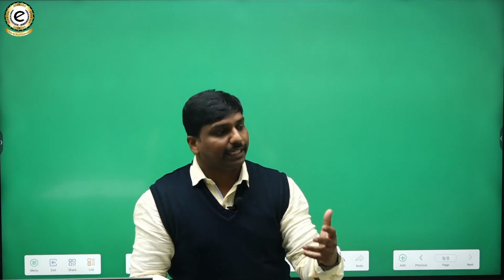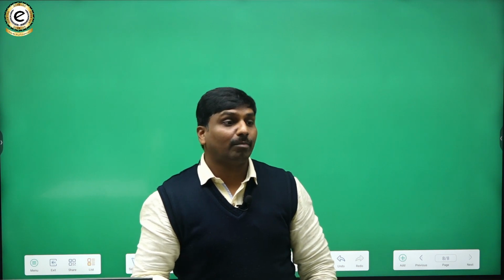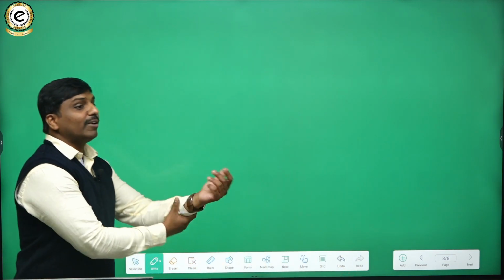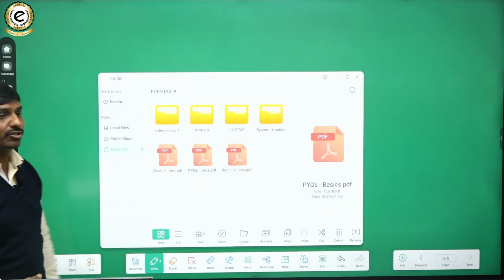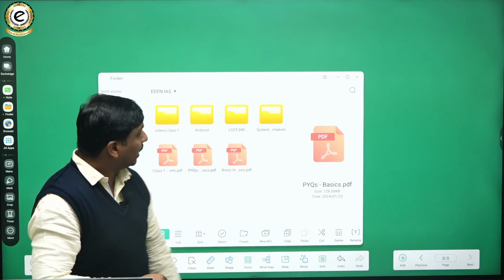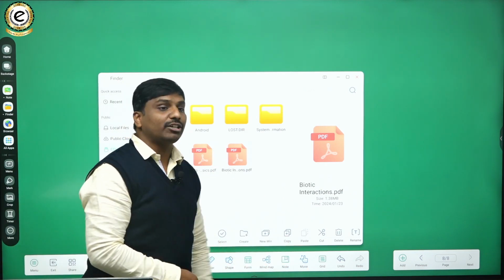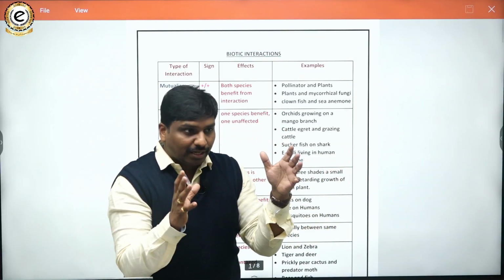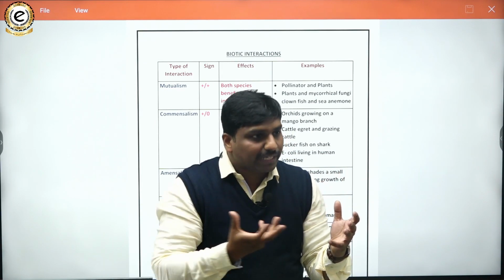In a community, organisms will interact among themselves. Those interactions which happen among the various organisms in a biotic community are nothing but biotic interactions. In ecology, in the biosphere, organisms will interact among themselves.